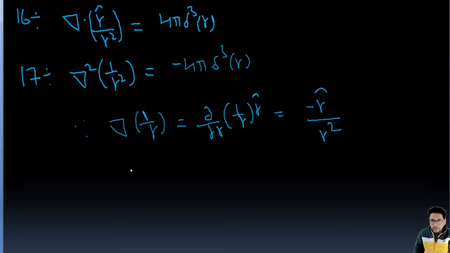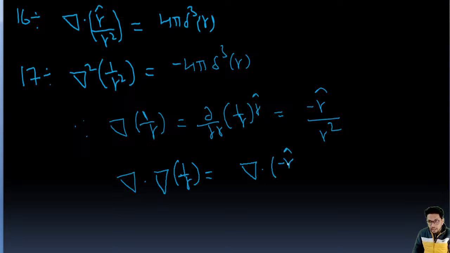Now if you find the divergence of the gradient of 1 upon r, it is the divergence of minus r cap upon r square, right?